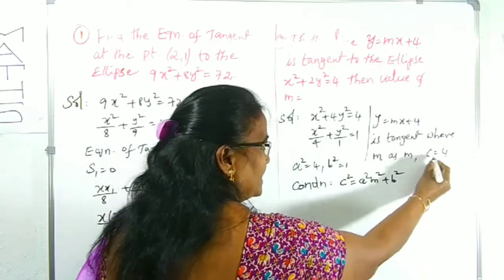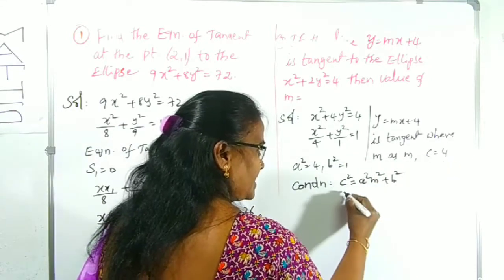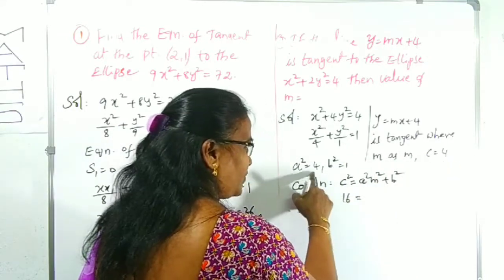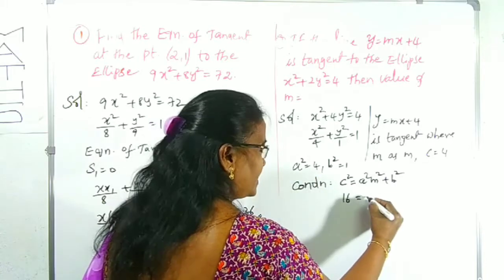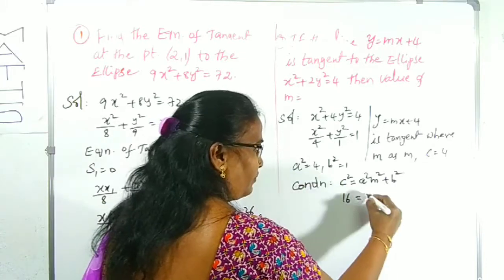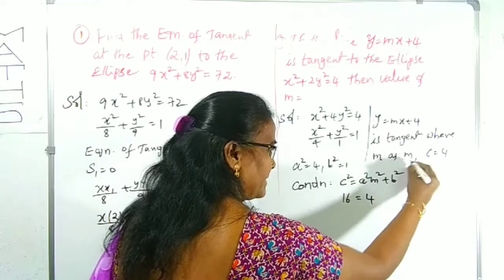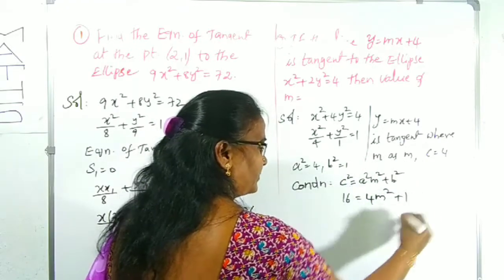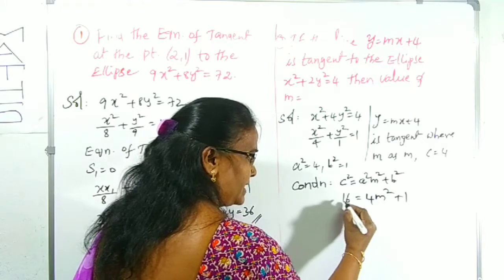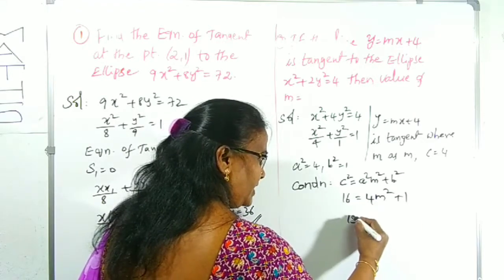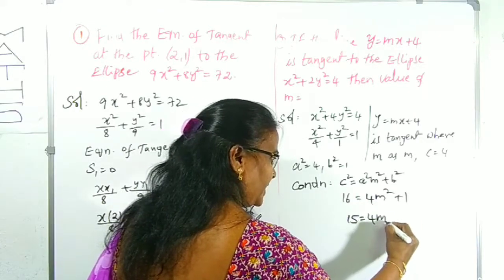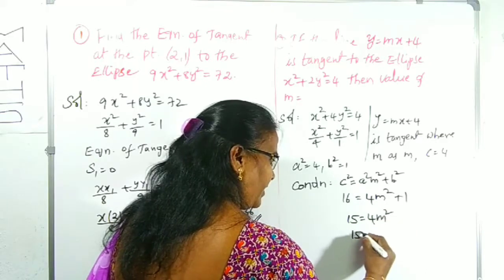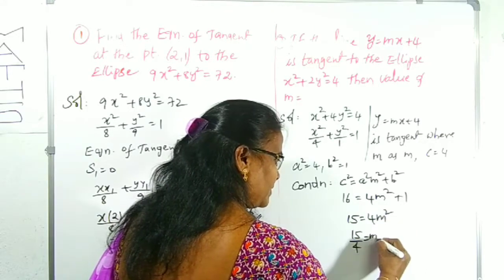Right? C is 4, c square is 16, equal to a square, which is 4, times m square, plus b square, which is 1. Taking only this side, 16 minus 1 is 15, equal to 4m square. Again it will be 15 by 4 equals m square.